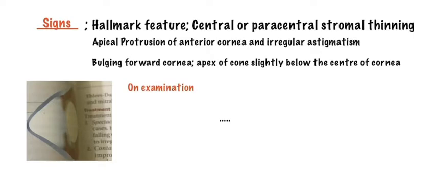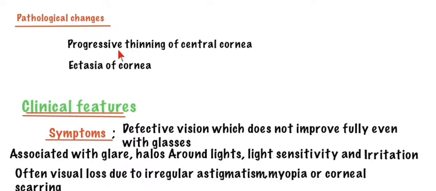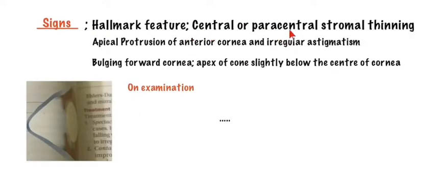Next are the signs. The hallmark feature you should know about keratoconus is central or paracentral stromal thinning. In the previous slide I told you there is progressive thinning of the central cornea. So this thinning is either central or paracentral. The stroma, the third layer of the cornea, is actually the thickest of the six layers of the cornea.